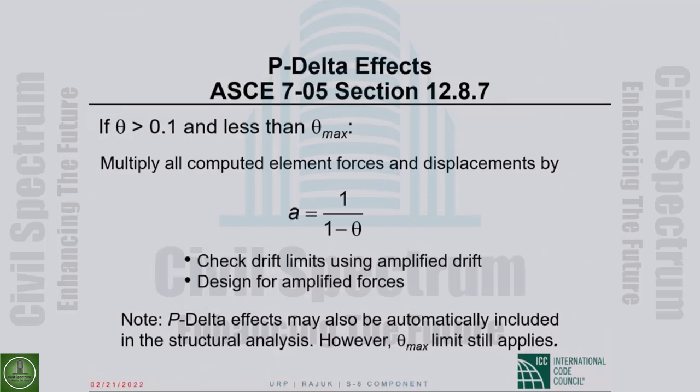Okay, this we have done for a long time and it works pretty well, although these days, as I said, the computations will be done on the computer, and we probably will not do this. But this has been very popular over the years. So multiply all computed element forces and displacements by 1 over 1 minus theta. Check drift limits using amplified drift and design for amplified forces.